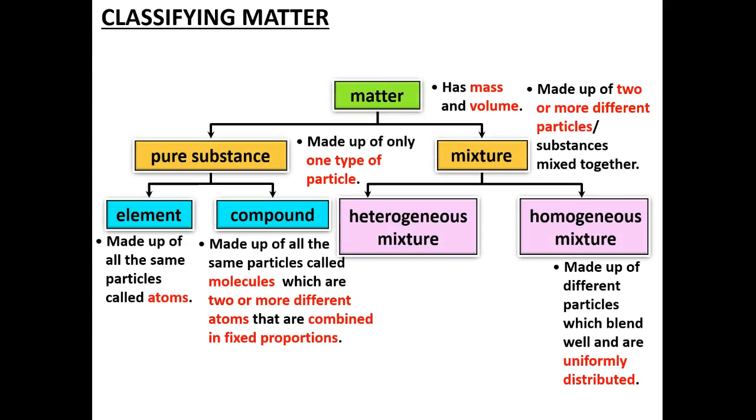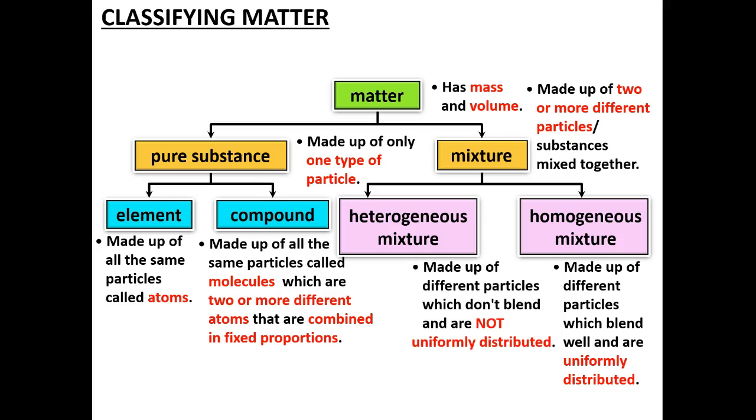Right, so here is our review. This is our recap. Matter, again, has mass and has volume. We can categorize it as either pure substances or mixtures. If it is a pure substance, it's going to be an element or a compound. Elements are made up of the same particles. Compounds have two or more different atoms combined, but in fixed proportions, so you've got those different molecules.